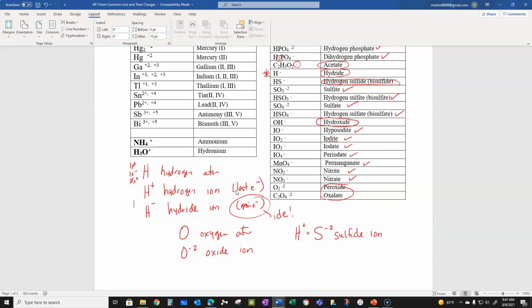Like I added those 2 together. Add them together, and then I get HS negative 1. Hydrogen sulfide. If you can name sulfide, you can name hydrogen sulfide. And he's right there. Okay. You can even call it bisulfide, just like some of these with hydrogens. You can call them bisulfite, bisulfate. Nothing wrong with that. Okay.